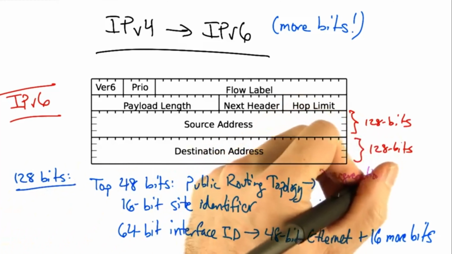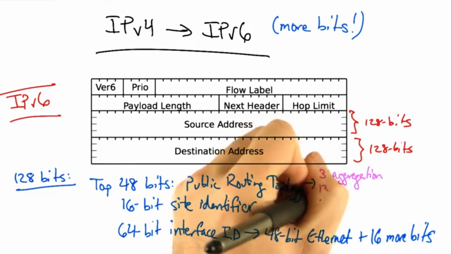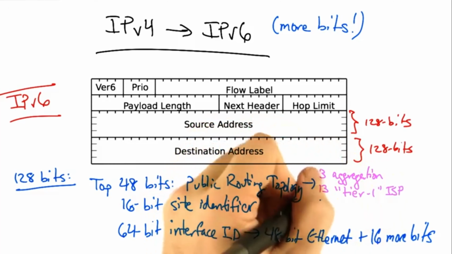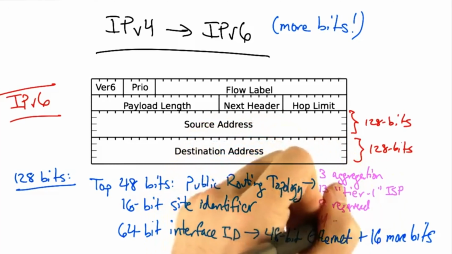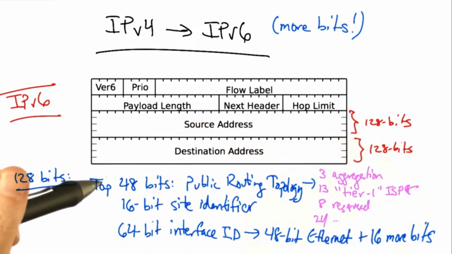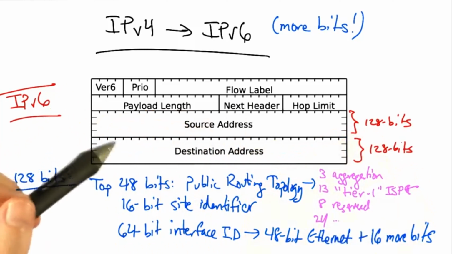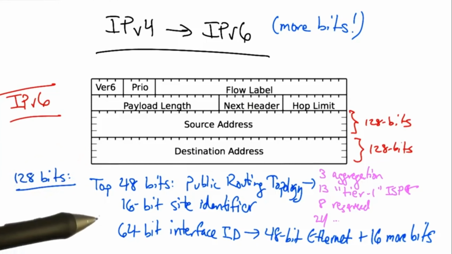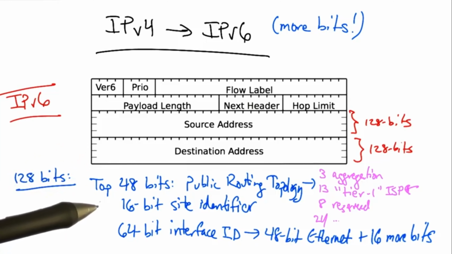They include 3 bits for aggregation, 13 bits for a top-level provider, something like a Tier 1 ISP, 8 reserved bits, and 24 additional bits. Now note that there are 13 bits in the top 48 that directly map to the Tier 1 ISP, meaning that addresses are purely provider-based. Thus, changing ISPs would require renumbering.